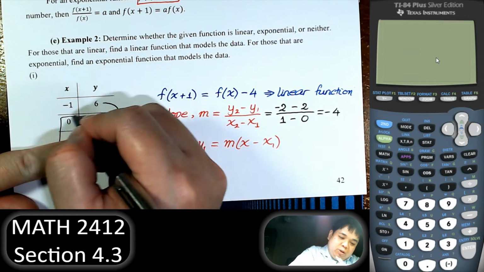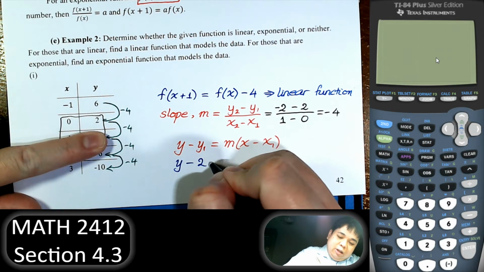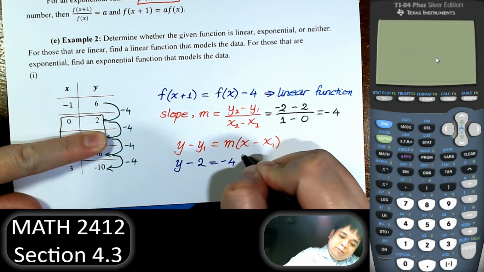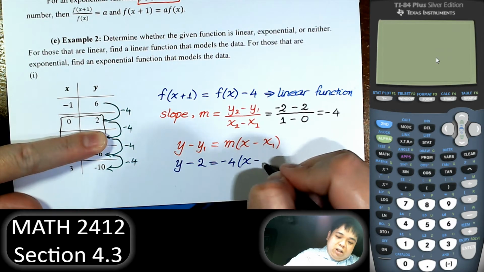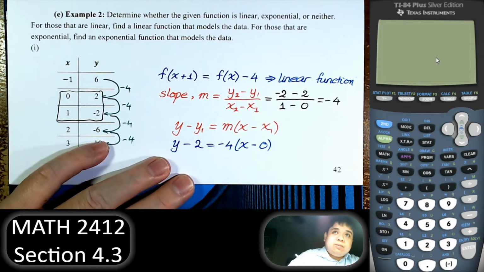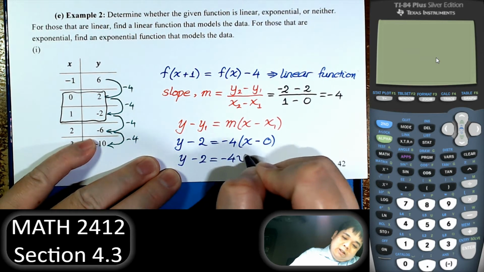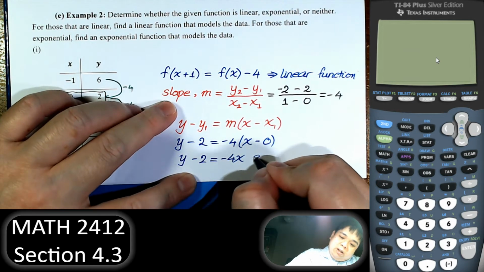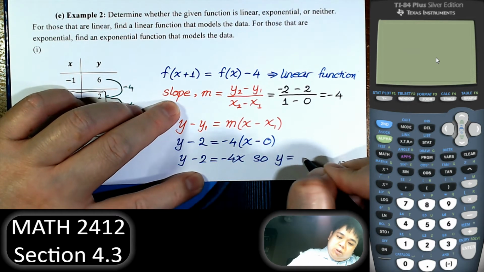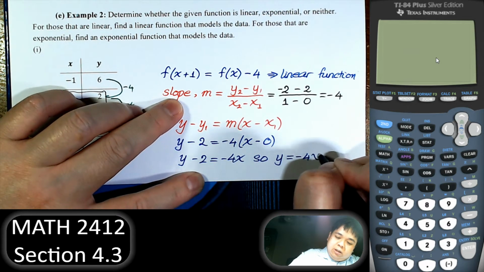Let's just pick this point. It's y minus 2 equal to the slope, and x1 is 0, right? So y minus 2 equal to -4x. So plus 2 on the other side. So y equals -4x plus 2.